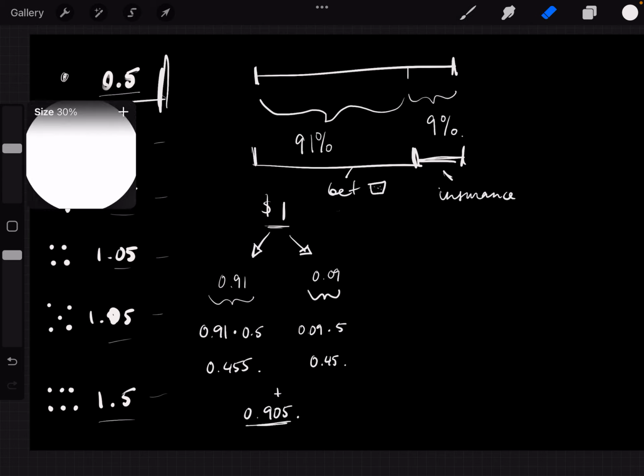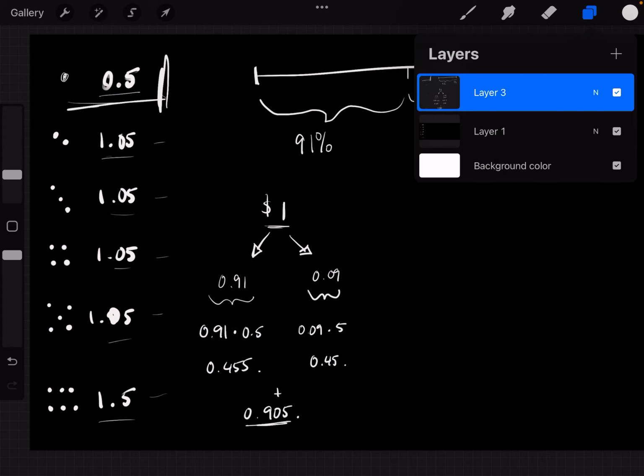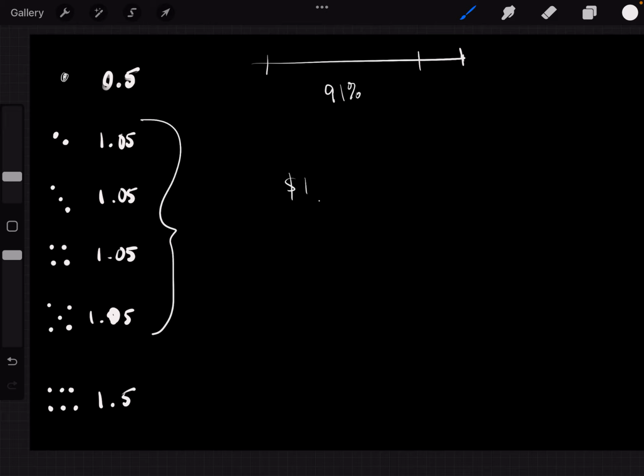Now let's go over what happens when you roll a 2, 3, 4, or a 5. I'm going to save the 1 part because we'll come back to it later. If you roll a 2, 3, 4, or 5, once again you have your original wealth of $1, and you still are going to take 91% of that and gamble it.